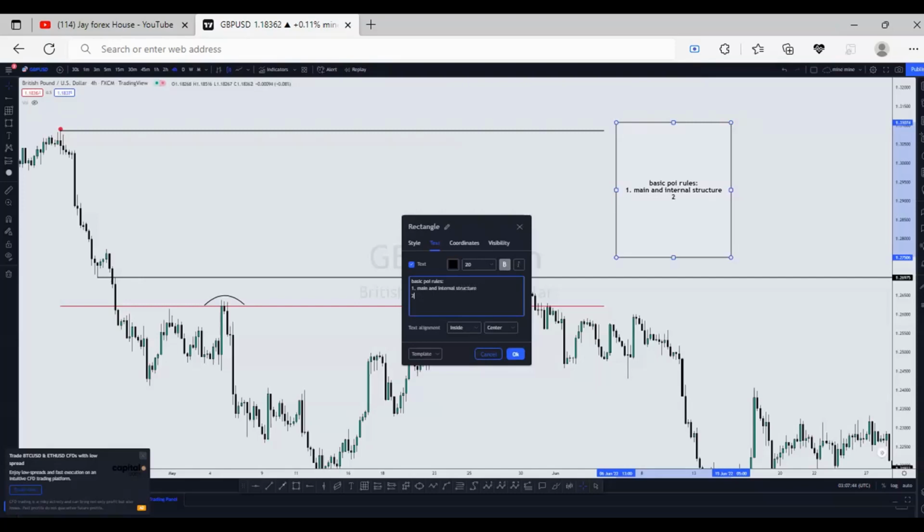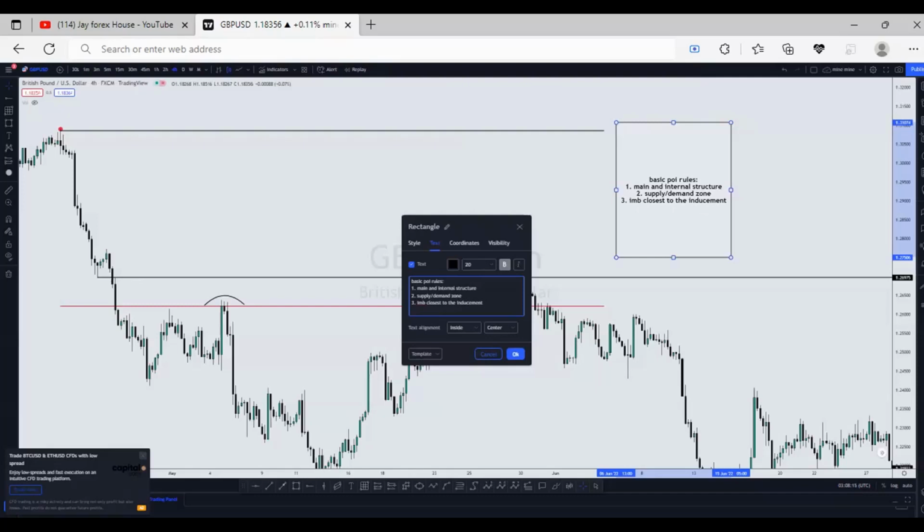Okay, so number two, supply and demand zone. Number three, imbalance closest to the inducement.